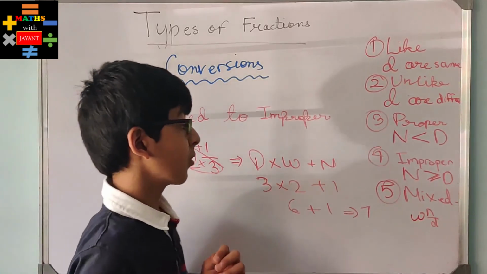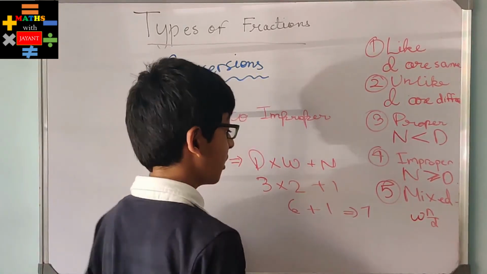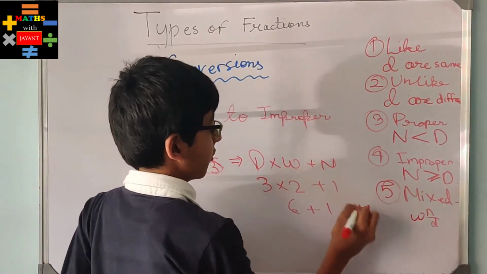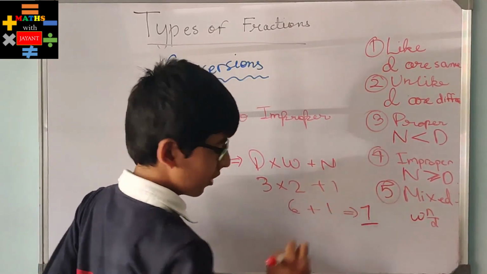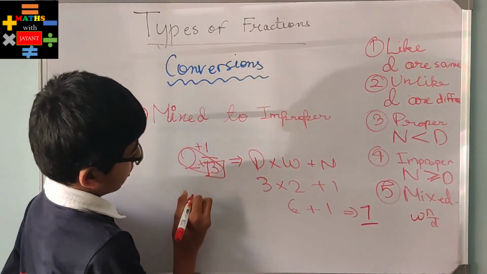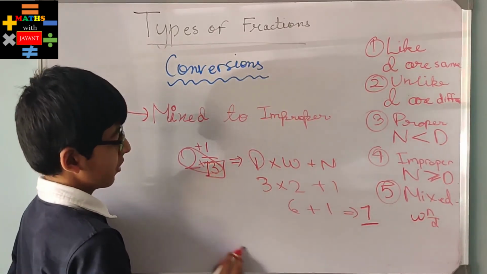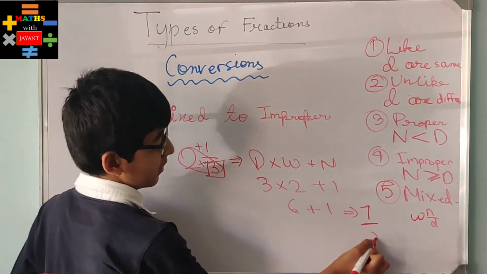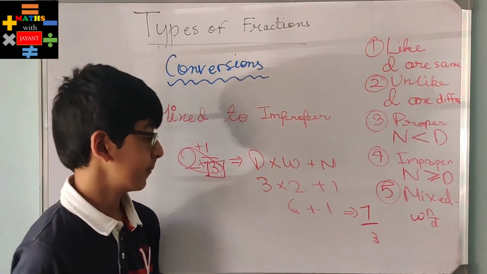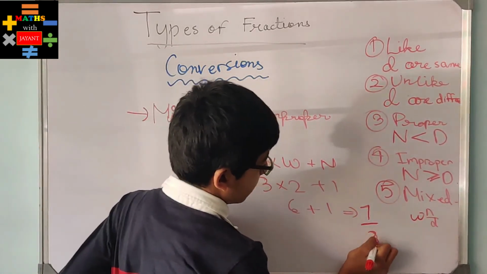But weren't we supposed to convert it into an improper fraction? So 7 is the numerator, but what's the denominator? The denominator for this fraction was 3. So for this also the denominator is going to be 3. These two are going to be the same.